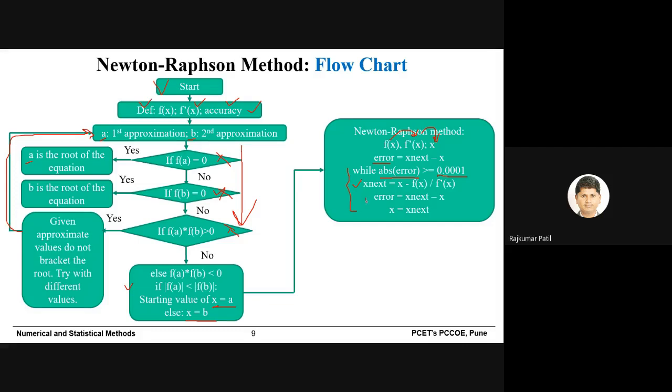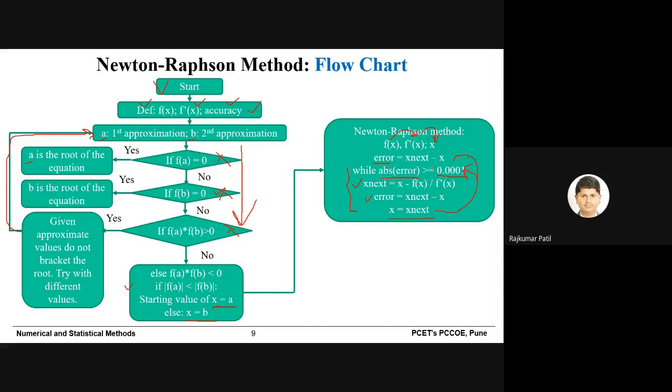And for the new value of x next, we check the value of the error, and then we assign the new value to x as x next. So again the loop comes back to the while loop, it checks whether the absolute value of the error is greater than 0.0001, and it goes on iterating.